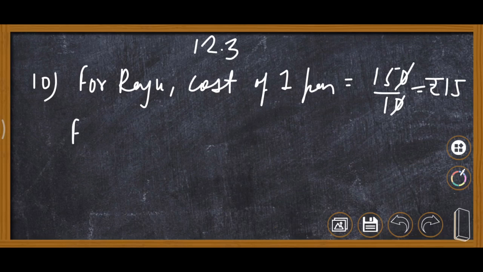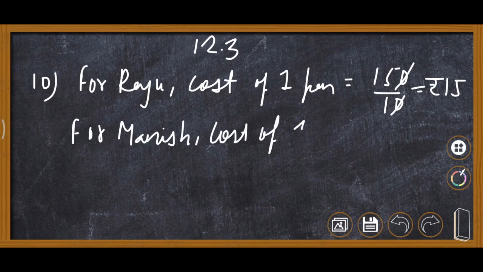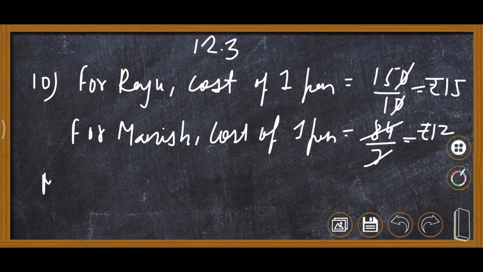Then for Manish, cost of 1 pen, this is 84 upon 7, then rupees 12. Now here who got the pens cheaper? So here we can write Manish got the pens cheaper.